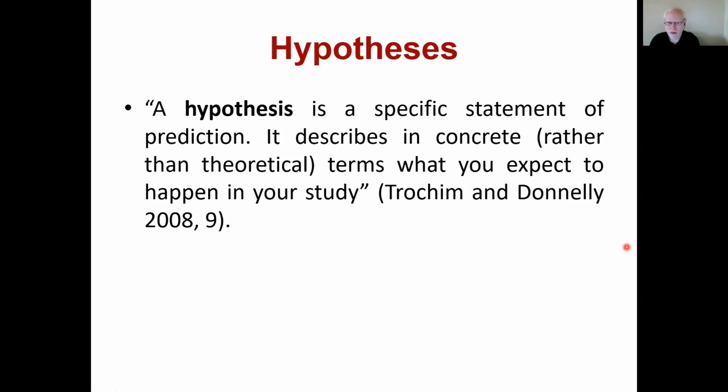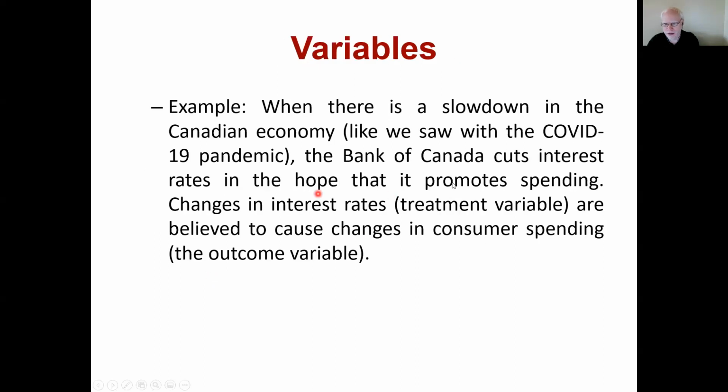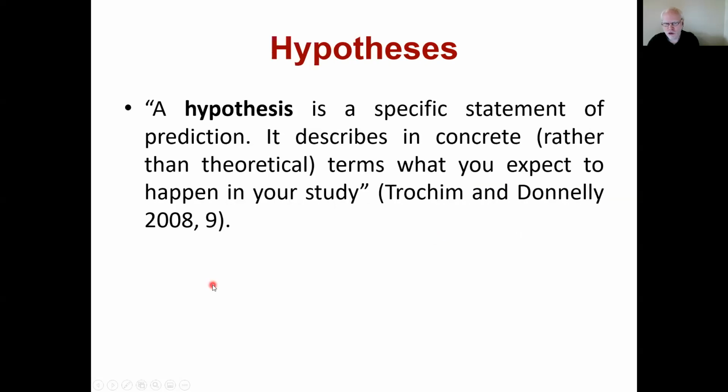So if you have an experiment, for example, and I think that, in this case, cutting interest rates produces spending, you might have a hypothesis that as interest rates go down, consumer spending goes up. And so this is what we expect to see in the study.